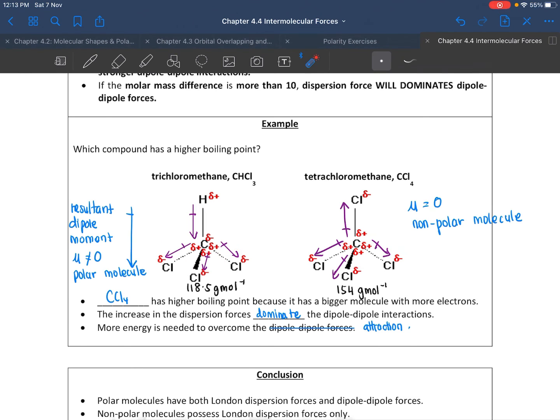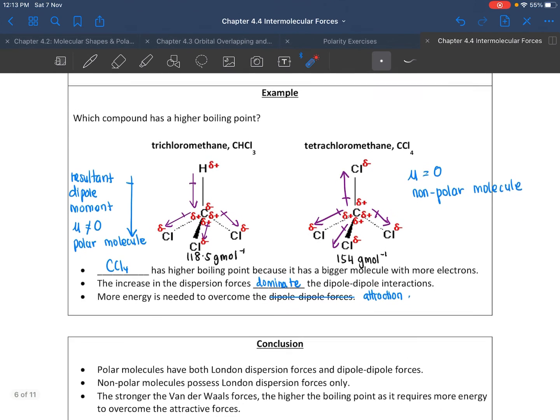Kena tengok molecular weight dulu. Okay. So, since molecular weight dia different, that means kita akan stop dekat situ lah. Okay. Molecular weight yang lagi besar ada stronger van der Waals forces. So, that's why CCl4 is the molecule yang ada higher boiling point compared to CHCl3. Okay. So, hopefully it makes sense to you.